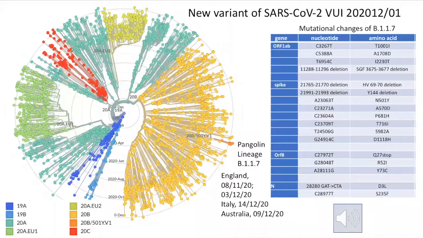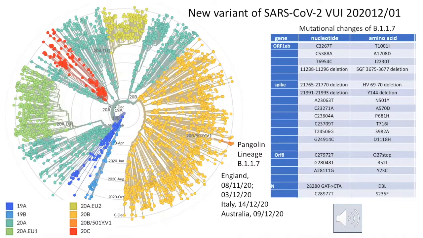In Europe, we have lineages that belong to all of the main clades, including the ancestral clade, which is clade 19, both parts A and B. These were originally viruses that entered the UK from China.